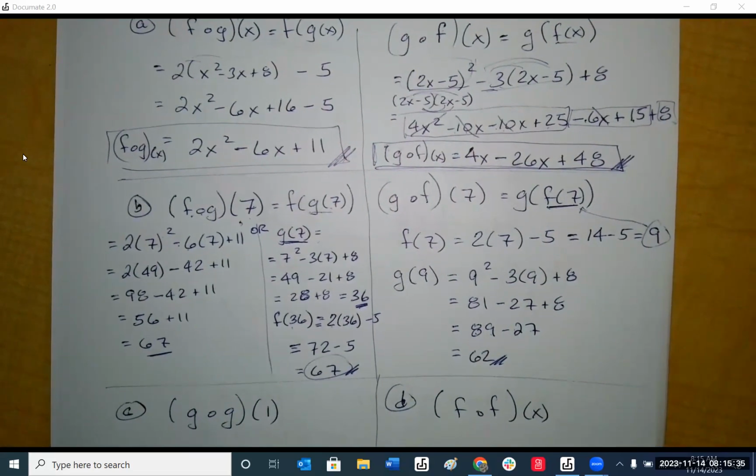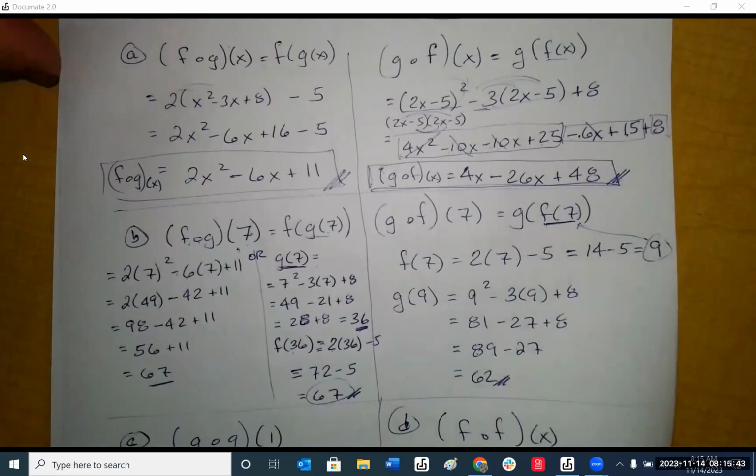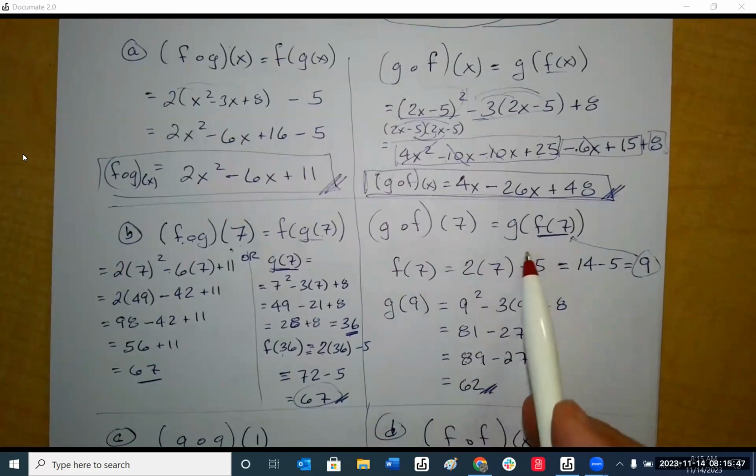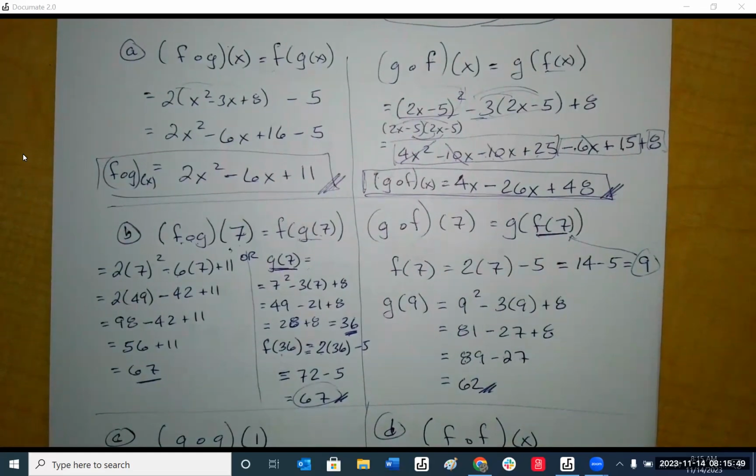Which will be the same both ways. I kind of think this other method here is faster.